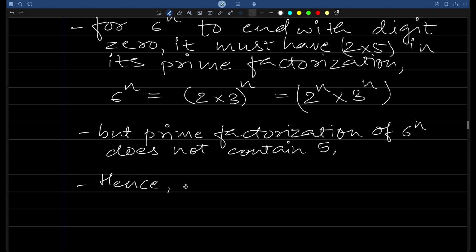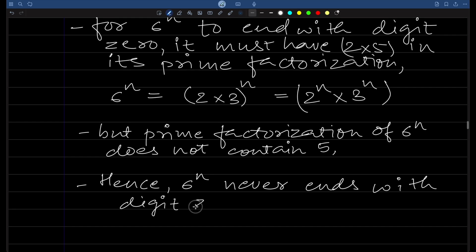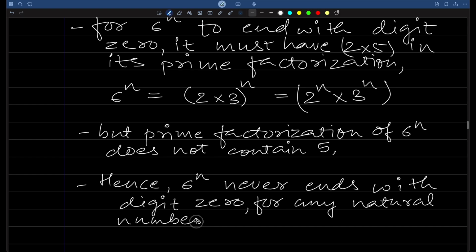Hence 6 raised to n never ends with digit 0, for any natural number n.